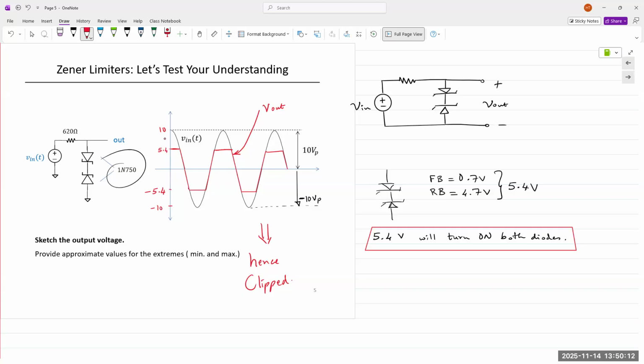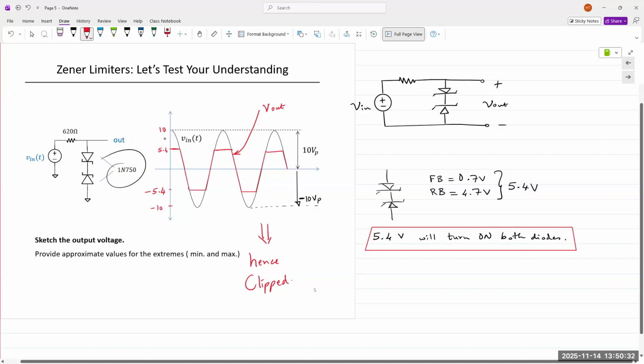So the sinusoidal waveform reverses and it goes to minus 5.4. And so in the negative half cycle, the bottom diode will be forward biased and the top diode will be reverse biased. Okay, so for the positive half cycle, let's write it here. Let's call these D1, D2.